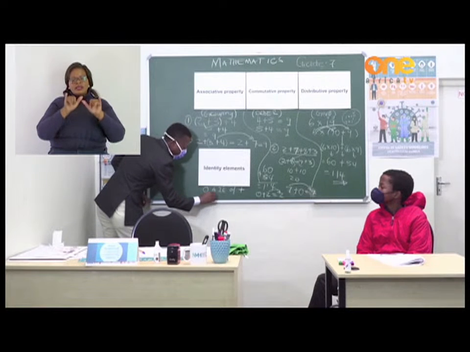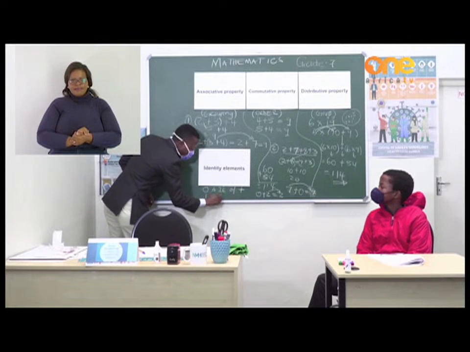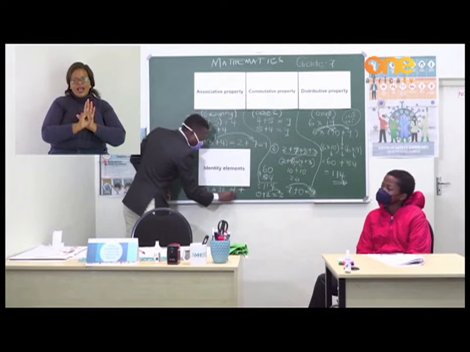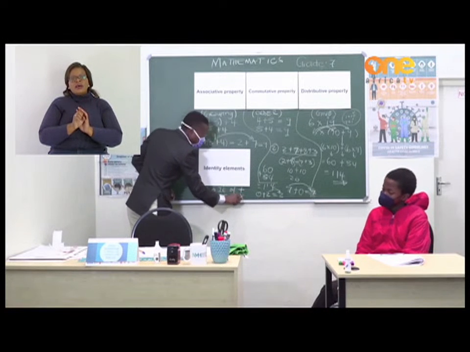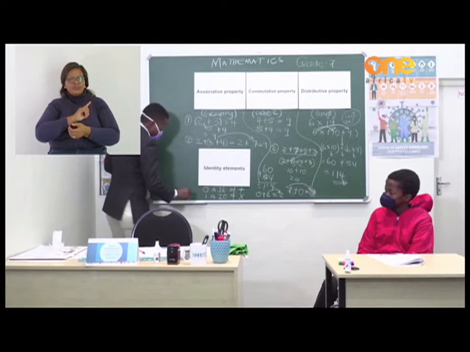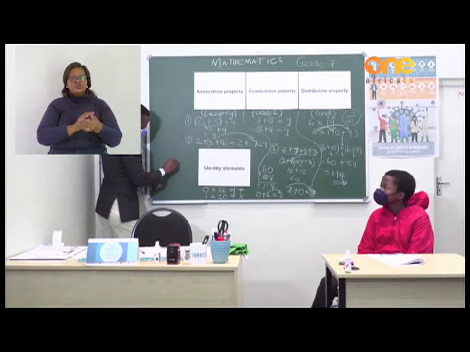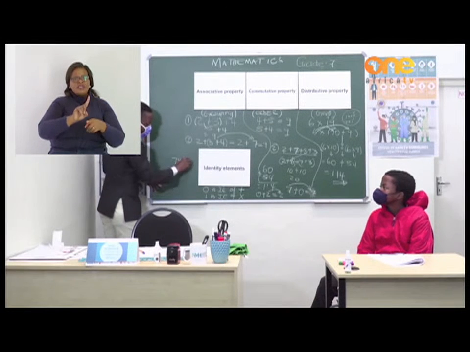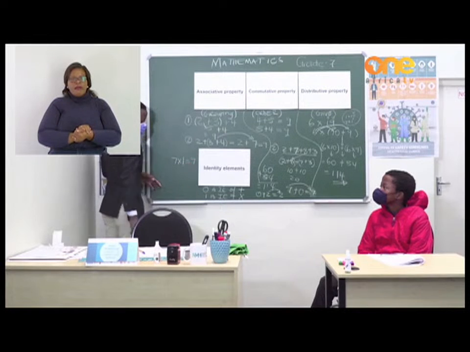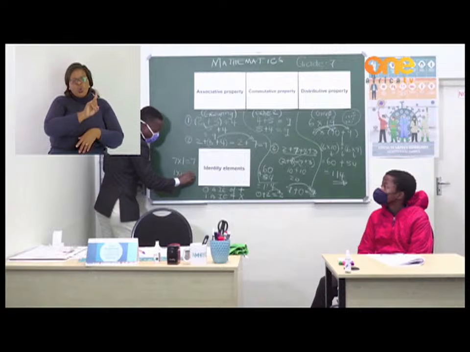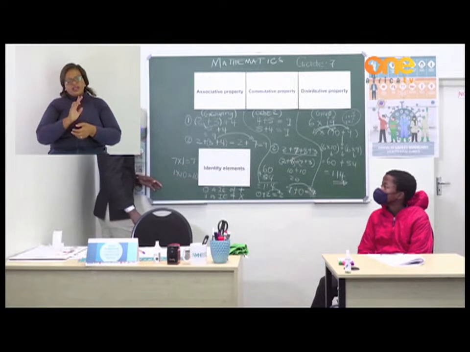1 is an identity element of multiplication. Why? Because if you multiply 7 times 1, I get 7. Or 1 times 10, I'll get 10.